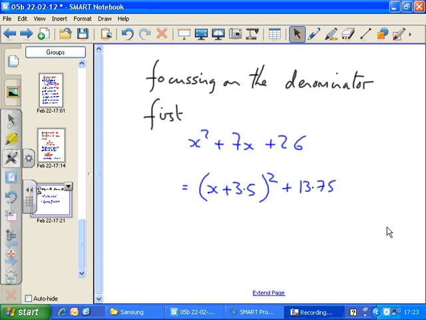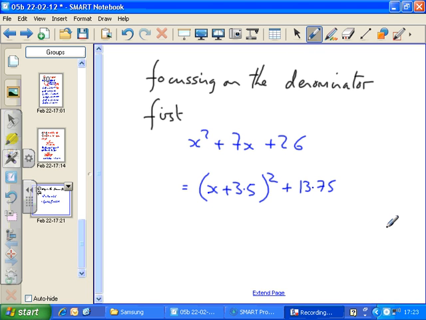Okay, focusing on the denominator first, we've got x squared plus 7x plus 26. Making that a perfect square, half of 7 is 3.5. 3.5 squared is 12.25, so we need to add another 13.75 to get that.